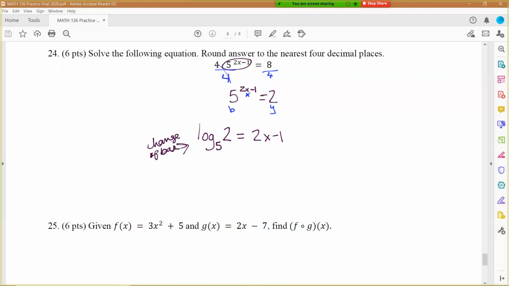So in my calculator, I'm going to figure out what log 2 divided by log 5 is so that I can make my life easier. So in your calculator, take log 2 divided by log 5. It's going to give you a nasty, ugly decimal, and that's okay.